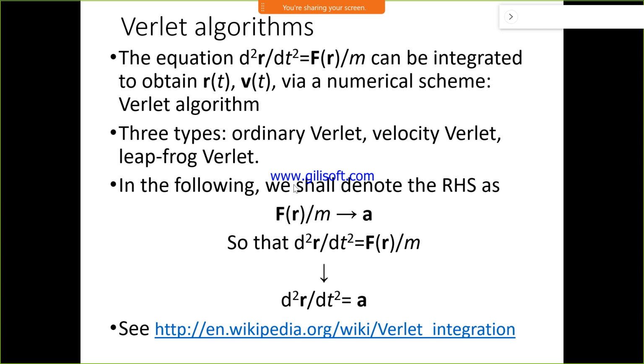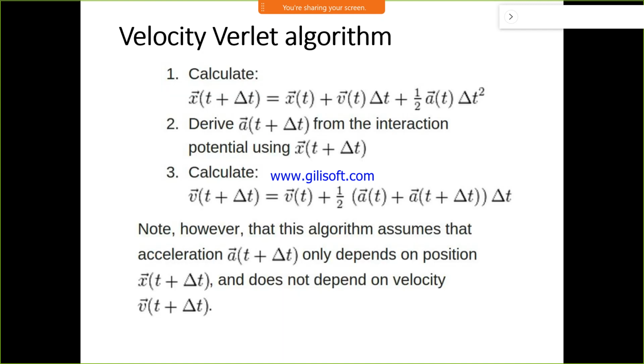So once you know the force at any location, you can in principle calculate the positions. From the force, you can calculate the accelerations, and then from the acceleration, you can calculate the velocity and also the positions.